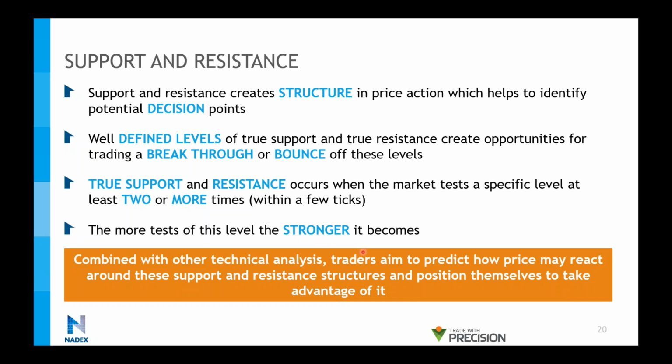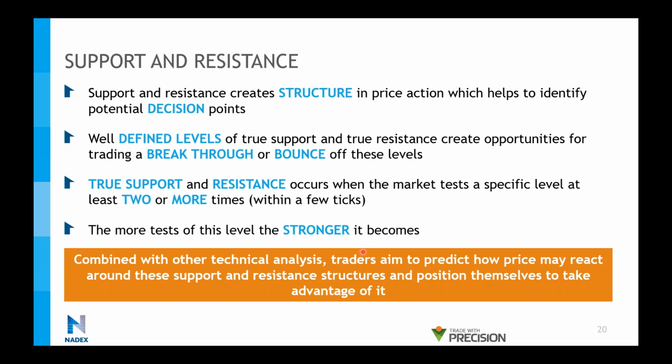And this helps us to identify potential decision points. And Glenn, I think this is going in your direction. If people have reacted to those levels in the past, if they have initiated a position there, there's a decent chance that they might do so once again in the future. Well-defined levels of true support and resistance create opportunities for trading a breakthrough or bounce off of those levels.